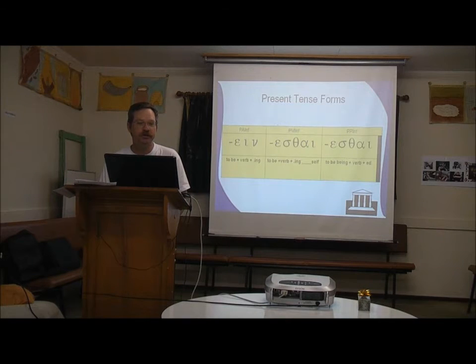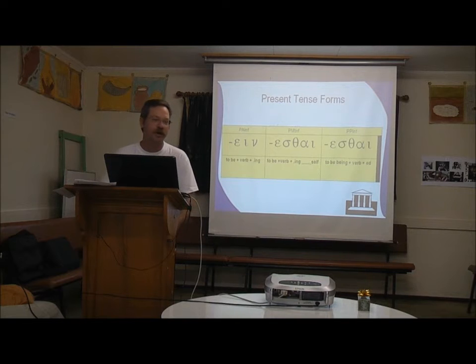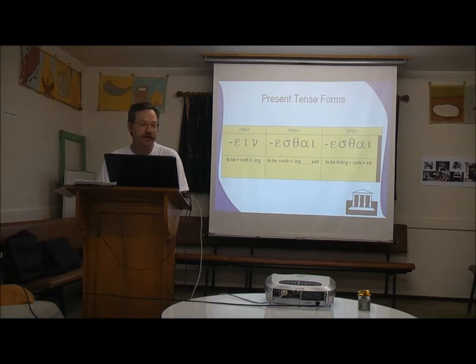So let's take a look at, again, your chart here, and I'll show you just how, if you're going to give a wooden translation of an infinitive, what that would look like. If the ending is ein, that's a present active infinitive ending.